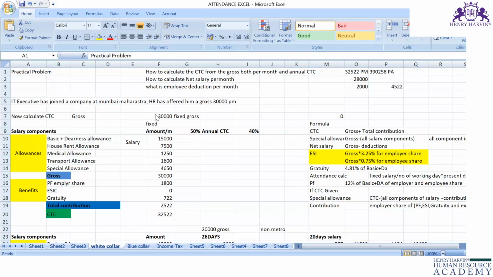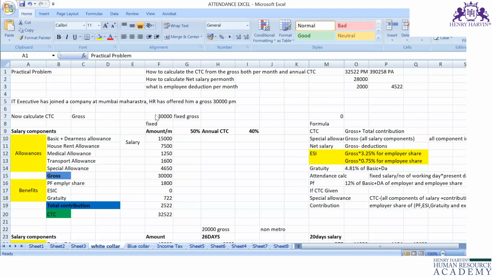When the gross is given to you, the first thing you have to check is the city where you are living, or the city where the organization is located.